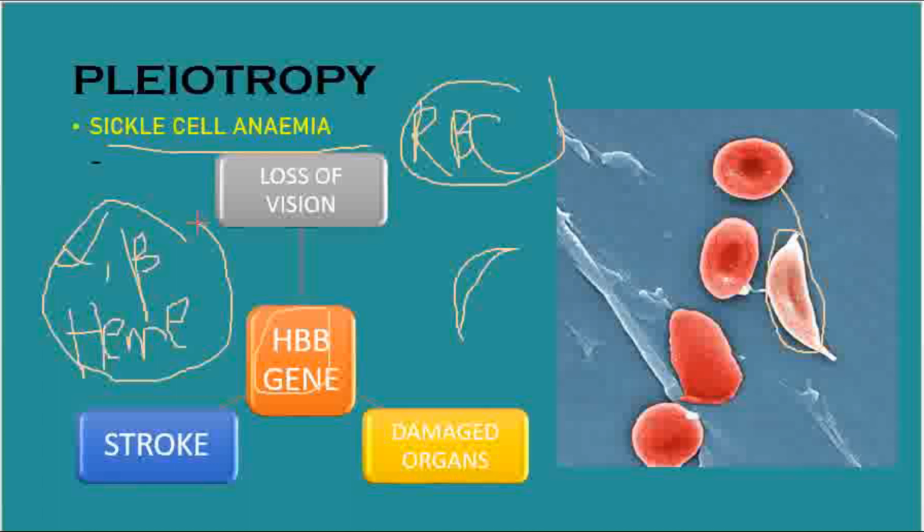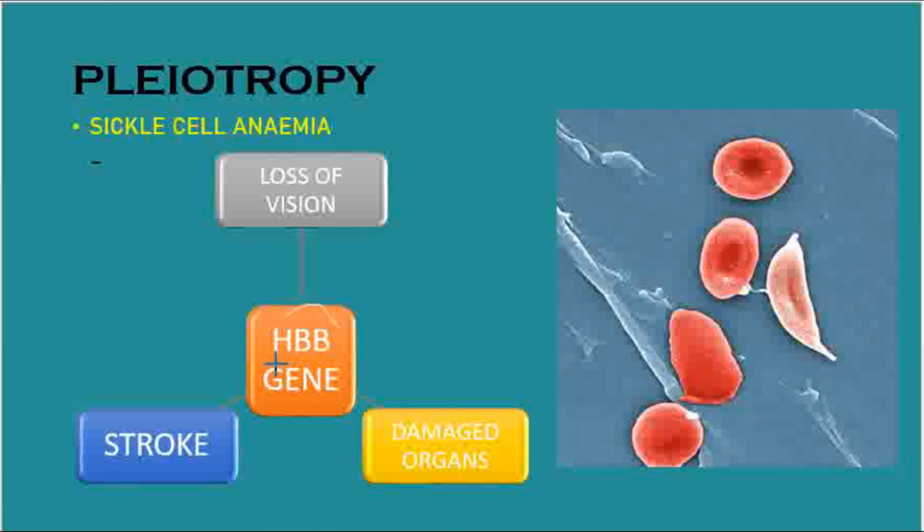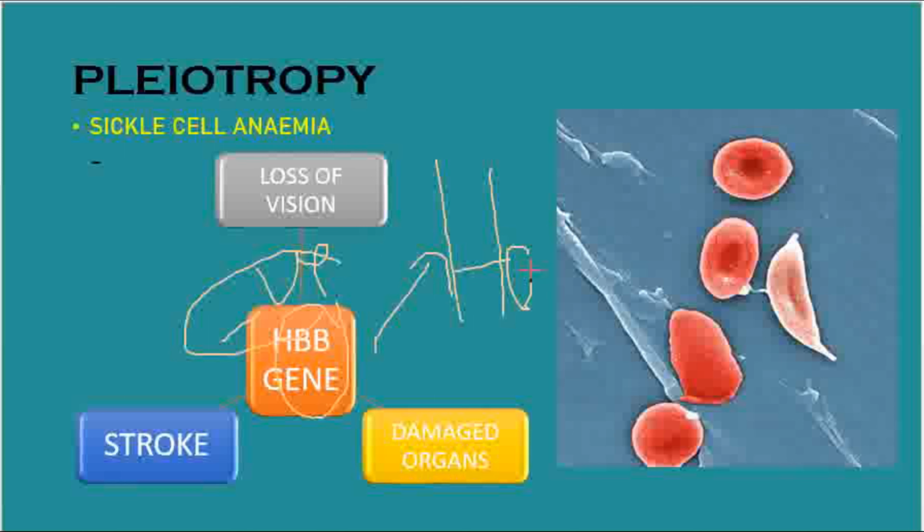So in a patient affected with sickle cell anemia, when this HBB gene gets affected, it is a defective one, not the normal HBB gene, which means it produces hemoglobin S. Instead of producing the proper beta globin, a defective one will be produced.